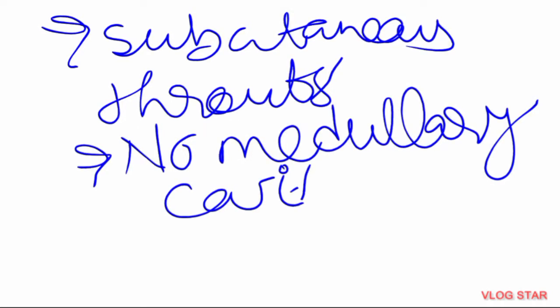So you should know this. And the most common site for fracture of the clavicle is the junction of the middle third and outer third. What is the most common junction of the clavicle? This is the junction of the medial two-thirds and lateral one-third.